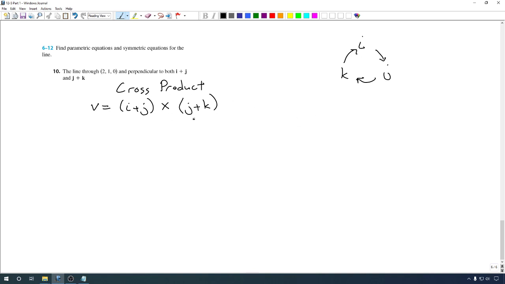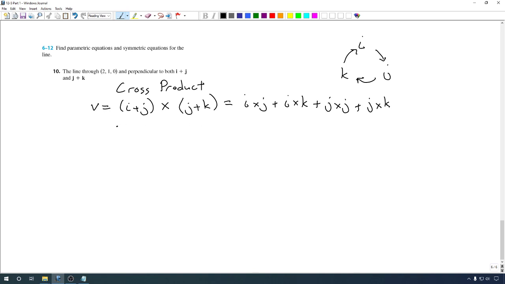Essentially here, I can expand this product out, just thinking about it in the normal foiling method, but remember that we do not want to swap the order of our multiplication. So you can say this is i crossed with j plus i crossed with k plus j crossed with j plus j crossed with k.